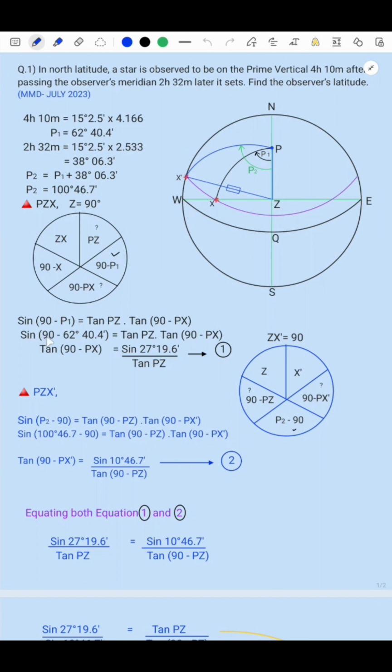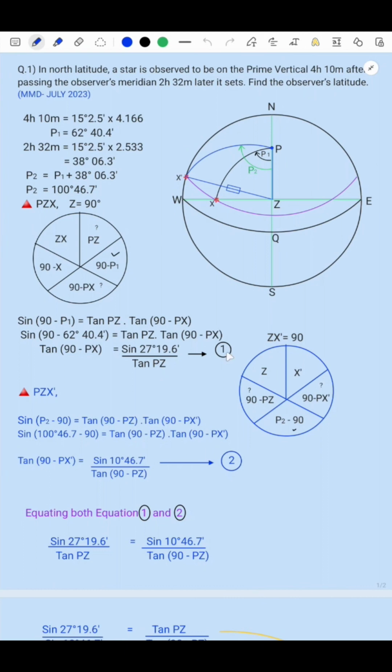So sine of 90 degree minus P1, which we have calculated here as 62 degree 40.4, is equal to tan of PZ into tan of 90 minus PX. So tan of 90 minus PX goes this side, and then sine of 90 minus 62 degree 40.4 is sine 27 degree 19.6 divided by tan of PZ. This I make as equation number 1.